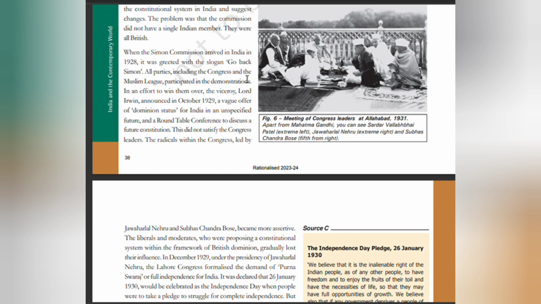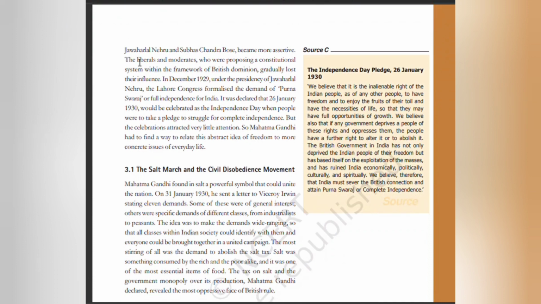All parties, including the Congress and the Muslim League, participated in the demonstrations. The Viceroy Lord Irwin announced in October 1929 a vague offer of dominion status for India in an unspecified future, and a round table conference to discuss a future constitution. This did not satisfy the Congress leaders. The radicals within the Congress, led by Jawaharlal Nehru and Subhas Chandra Bose, became more assertive.